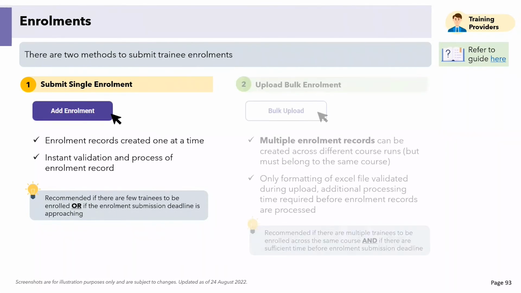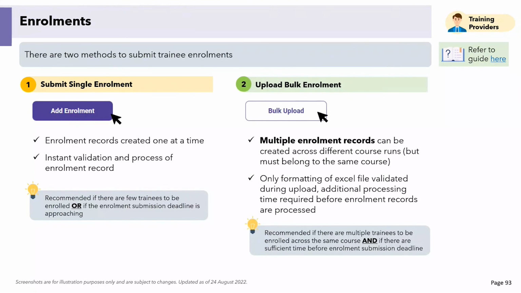And the second method would be through the bulk enrollment upload method. Multiple enrollments can be created across different course runs, but note that they must belong to the same course. This method allows you to do so in a single upload. Okay, this is done through inputting the information into an Excel file, which will be validated upon your upload. So do take note here that additional processing time is required because these enrollment records need time to be processed.